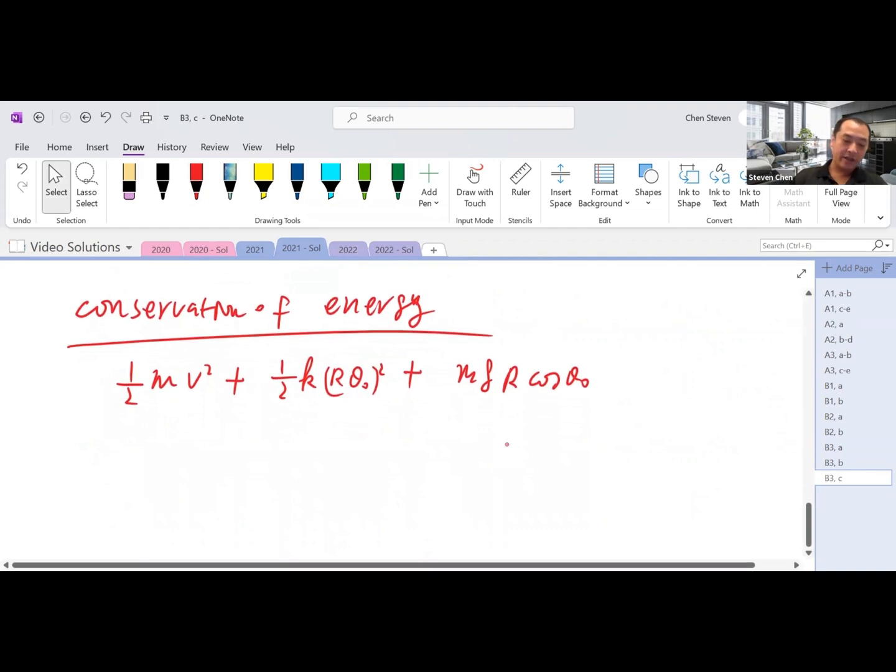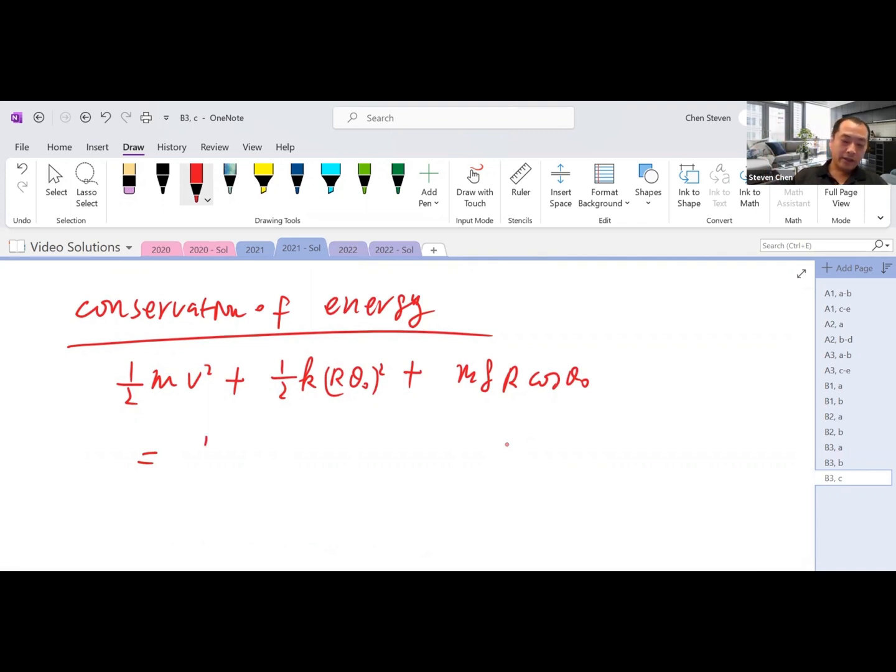That's the initial energy. What is the total energy when the mass hits the cylinder? So the kinetic energy becomes v prime squared. And when it hits the cylinder, we know that it's pretty close to the North Pole.